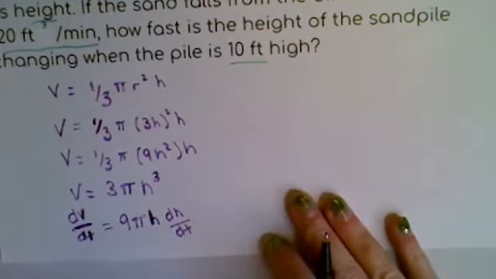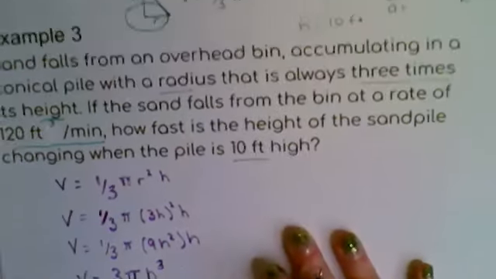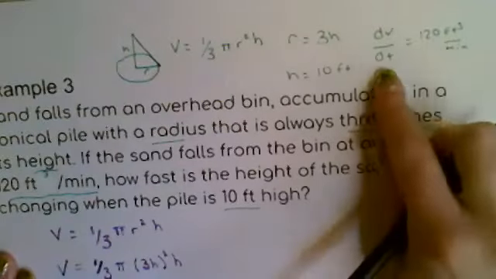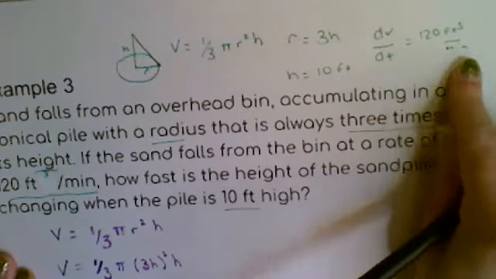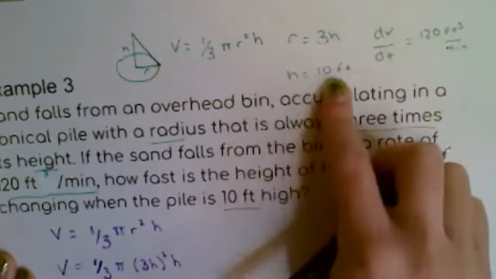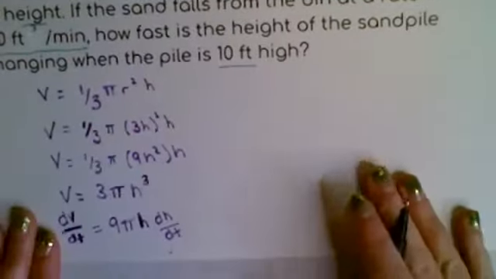We are trying to figure out how fast the height is changing. But we know dV/dt is 120 feet cubed per minute, so I can substitute that in. We also know that the height is 10. So let's plug that in.